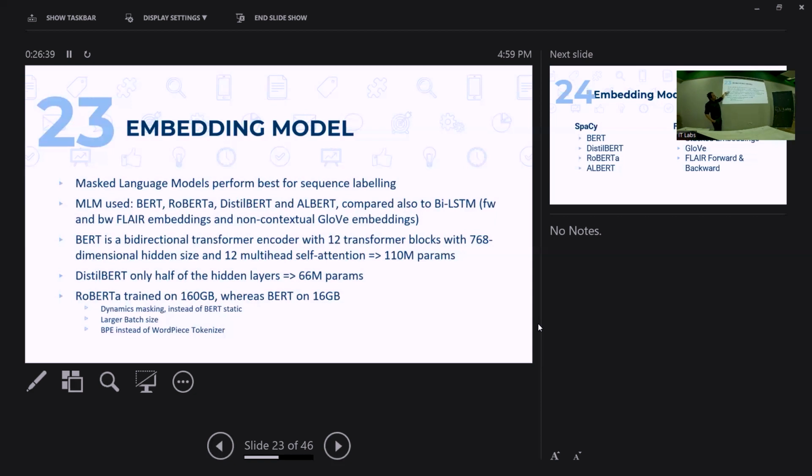In the last embedding model, we used already trained Facebook Flair embeddings, which are trained on data and have embeddings for the words. We also use, just to see, non-contextual GloVe embeddings. When you use the GloVe embeddings, you lose the context.